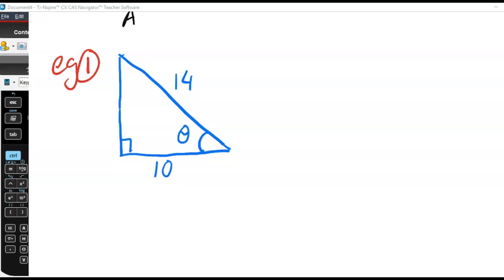So here I've got my hypotenuse and my adjacent. Now thinking back to my trigonometric ratios, which we can remember with our mnemonic SOHCAHTOA, I have the adjacent and the hypotenuse, so I'll be using cosine, or cos for short.